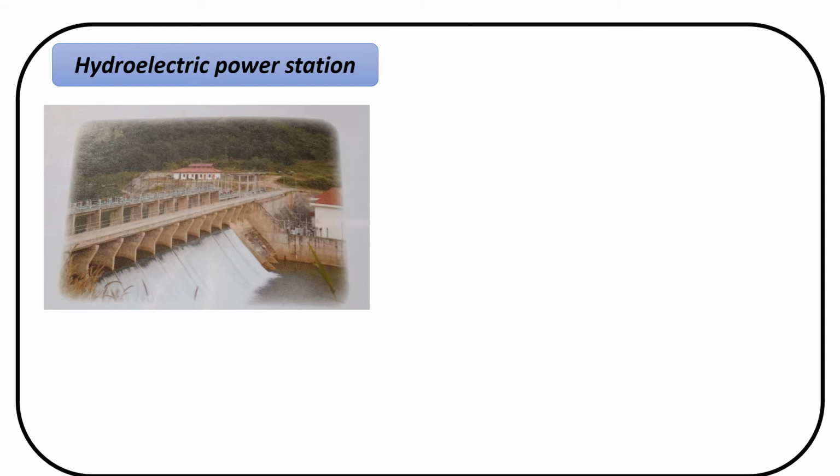Running water in rivers and waterfalls is used to generate electricity in the hydroelectric power station.